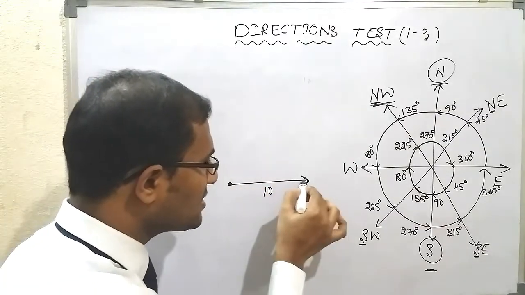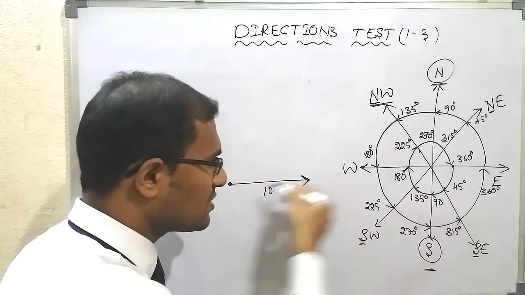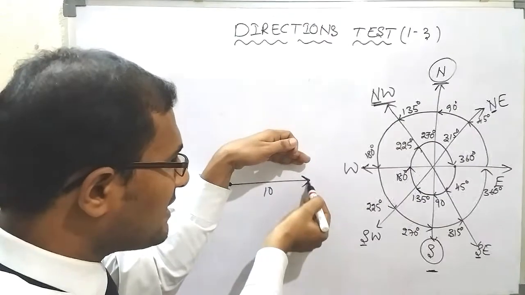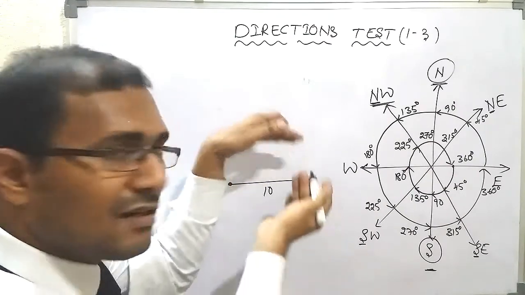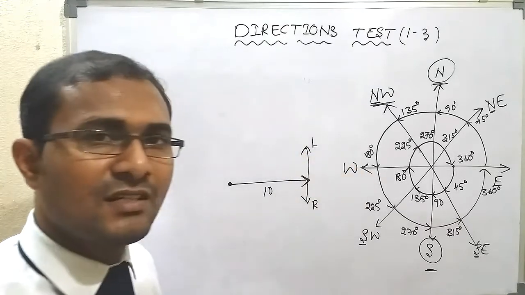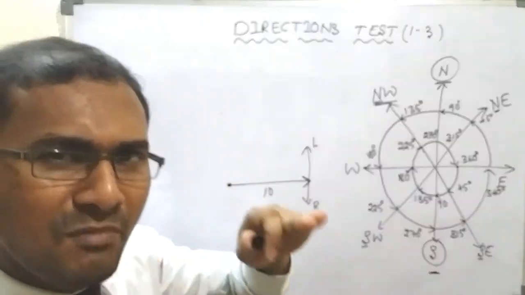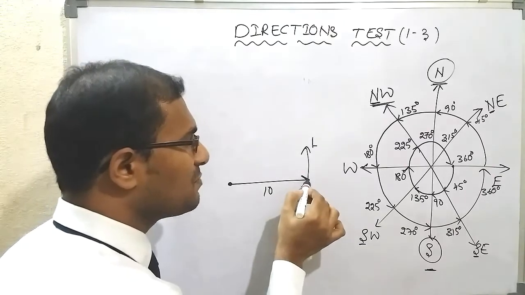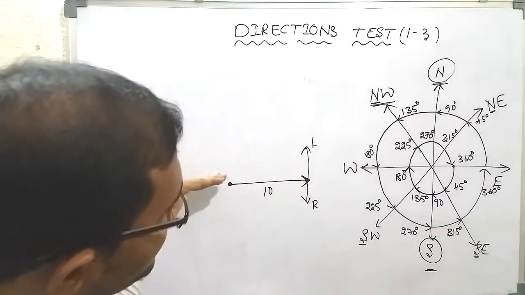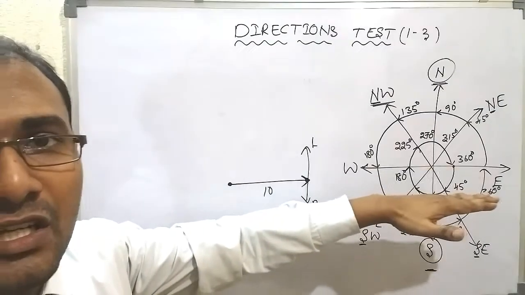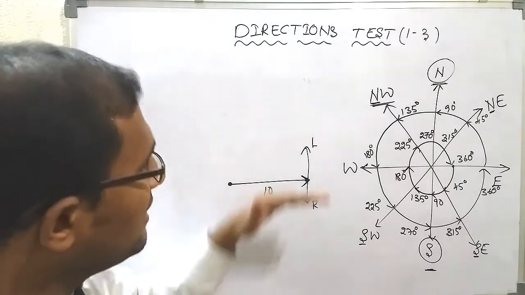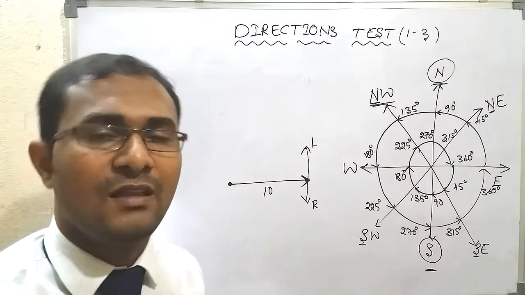You are moving in this path and you are facing towards this way, east direction. Now your right hand side is nothing but the downward direction, and your left hand side is nothing but the upward direction. Just imagine yourself in place of that person at the last point. If you are standing here and facing towards the east direction, what is your right hand side? The downward direction is your right hand side and the upward direction is your left hand side.